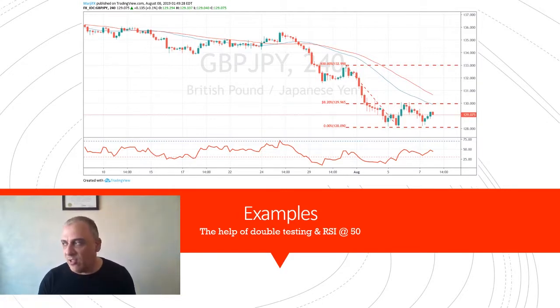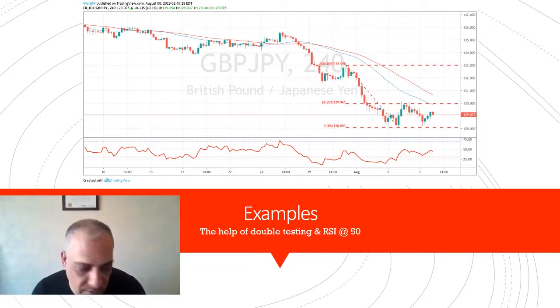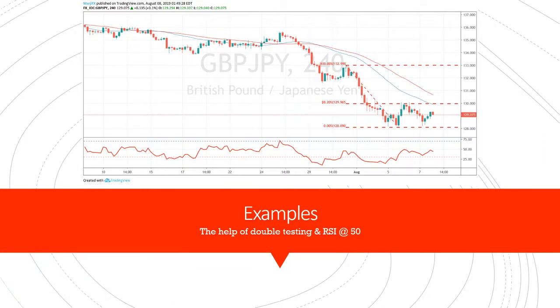So have we done this yet? No, sorry, let me check. Yeah, so have we seen 200 pips yet? Not yet. What does that mean? That means that this trade is now open and it is seeking 200 pips of profit.